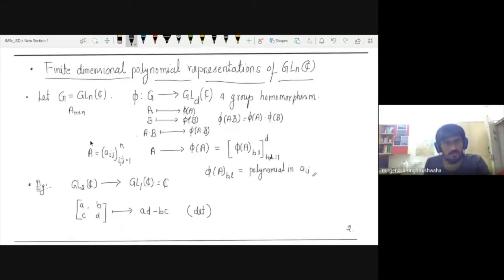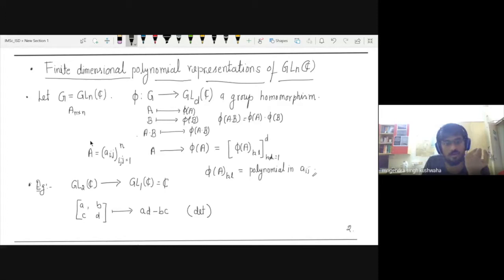The general linear group GL_n(C) is the collection of all n cross n invertible matrices. A group representation of G is a group homomorphism from G to GL_d, another general linear group of d cross d matrices.